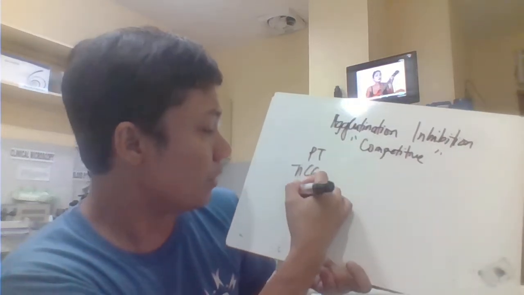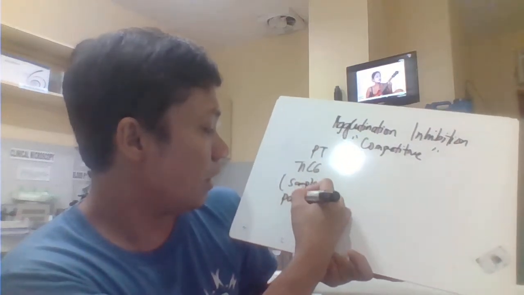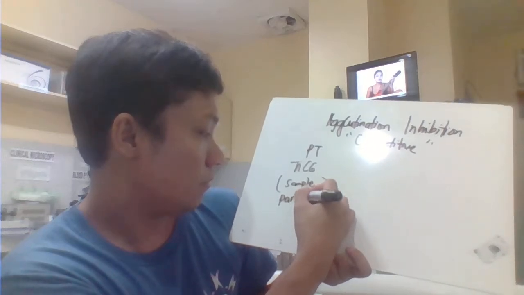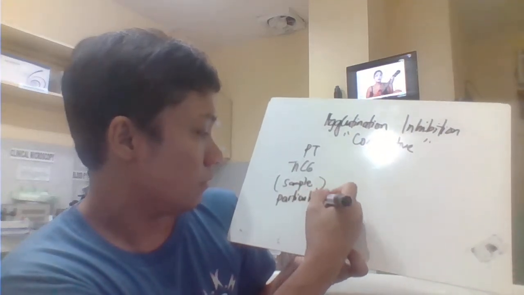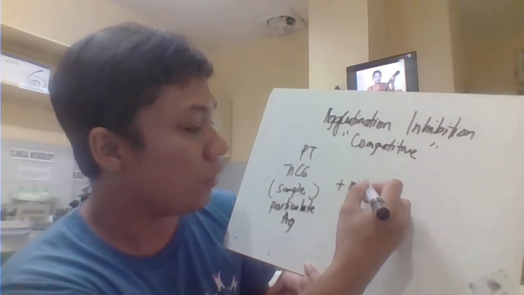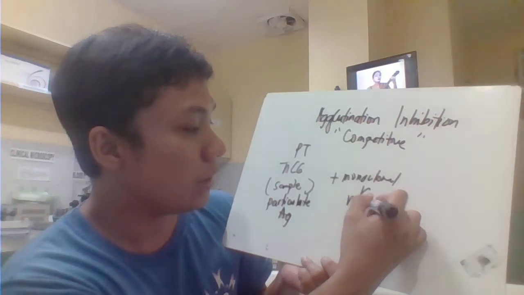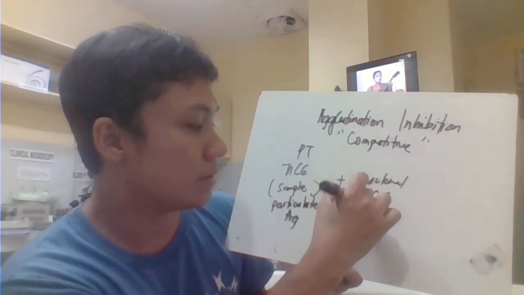Okay, then this is your sample here, and this is your particulate antigen. Then we have here your monoclonal human chorionic gonadotropin, HCG.